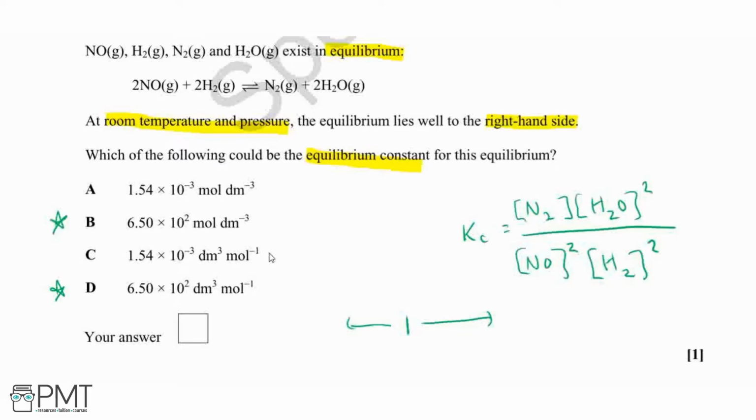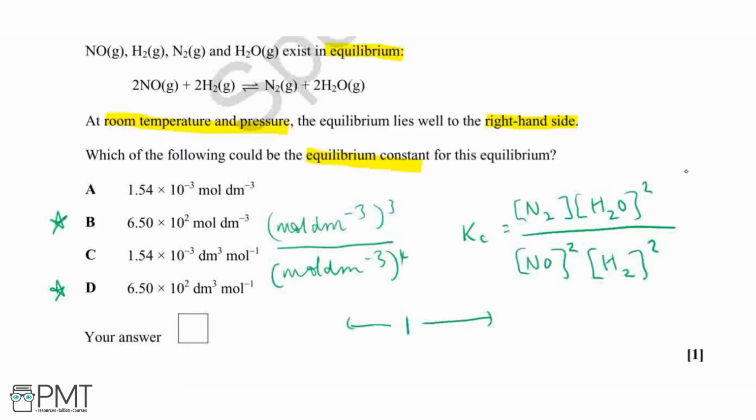So to determine which is which, we've just got to look at the units now. So the units for concentration are moles per decimeter cubed. So on top, we've got moles per decimeter cubed effectively cubed, and then on the bottom, we've got our moles per decimeter cubed to the power of 4.